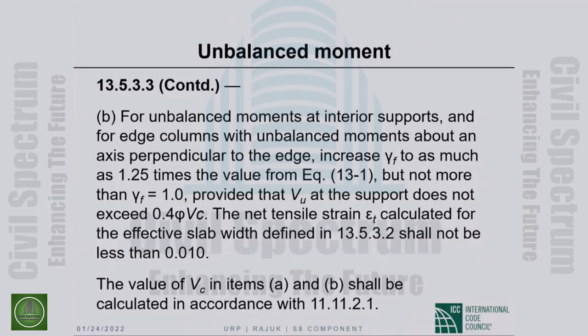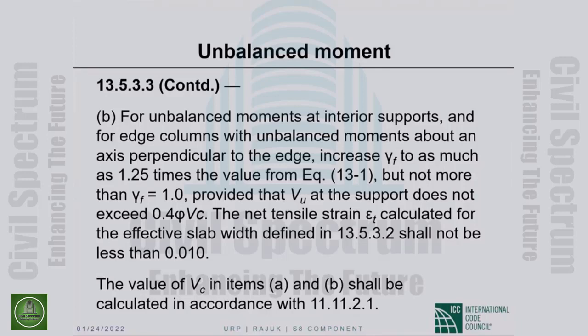Okay, now that was bending moment at an edge column perpendicular to the edge. For unbalanced moment at interior supports and for edge columns with unbalanced moment about an axis perpendicular to the edge, now the bending is parallel to the edge.